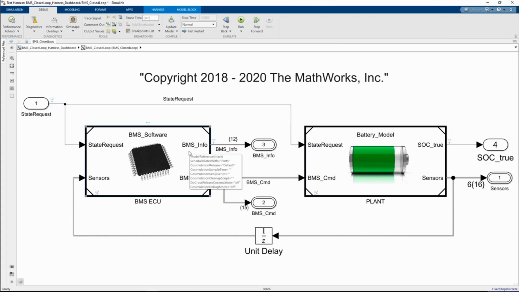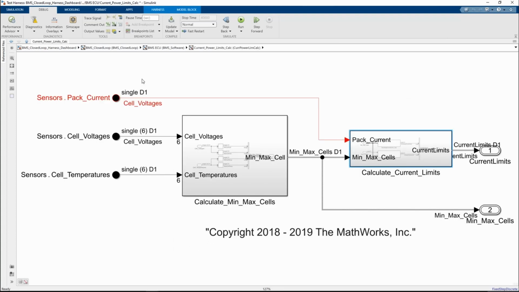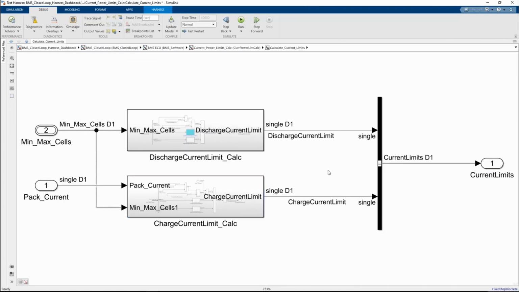This part of the battery management system monitors, protects, limits, and reports measurement from the battery pack. The subsystem on the top left uses individual cell voltages and temperatures to calculate maximum allowable charge and discharge current levels.